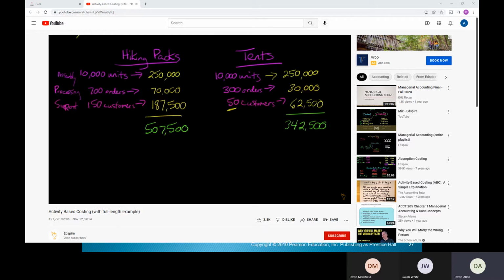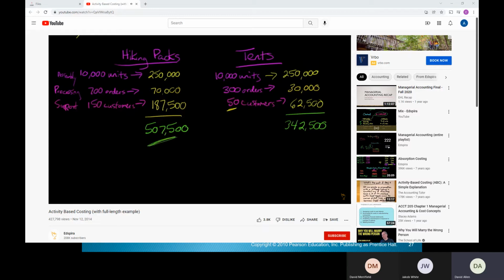So when we think about this, we think, okay, well, what's going on here? We have the same number of units for each one, but we end up with these different cost totals. And it looks like our hiking packs are being ordered more frequently and by a larger number of customers. Because we have more customers who maybe make smaller orders instead of one large order, it's actually costing us more money.